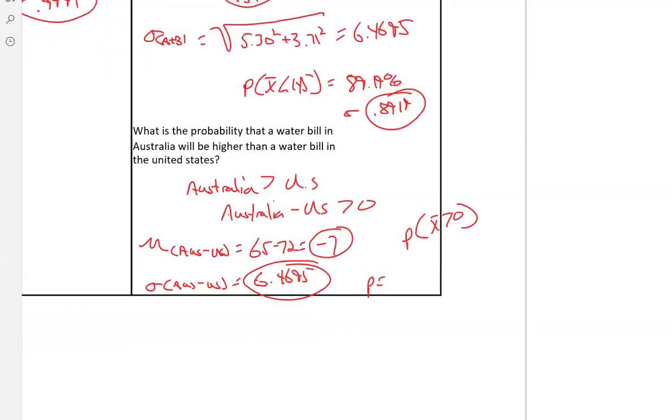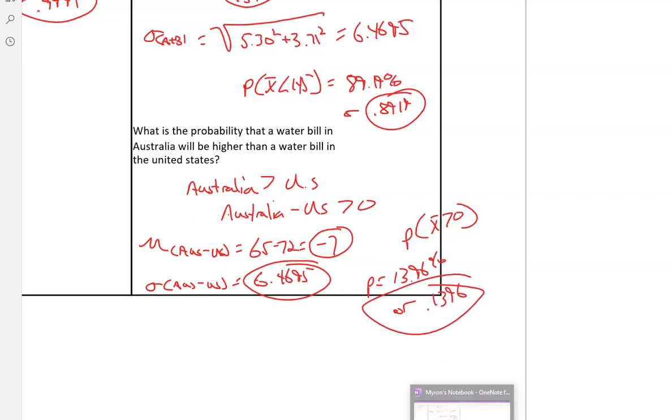So P is 13.96%, or 0.1396. So that is if you need to compare them, you need to subtract them. It needs to be bigger than 0 if you're looking for if one is bigger than the other. All right, that is everything for combined events.